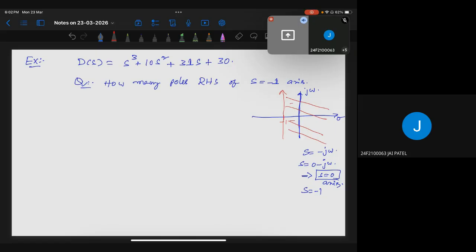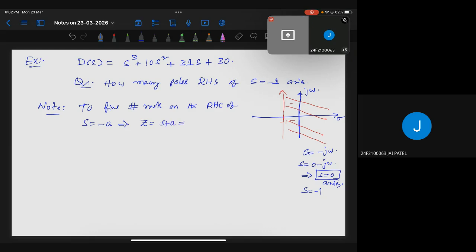So note, to find the number of roots on the RHS of some number S equals -a, we take some intermediate variable Z equals S plus a.